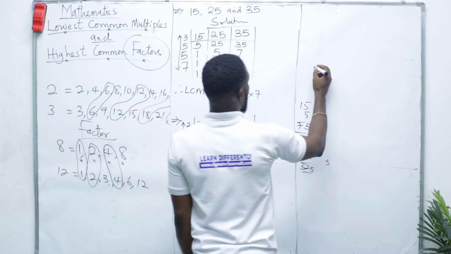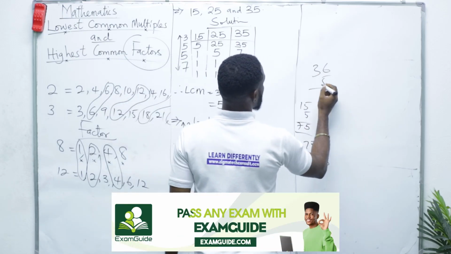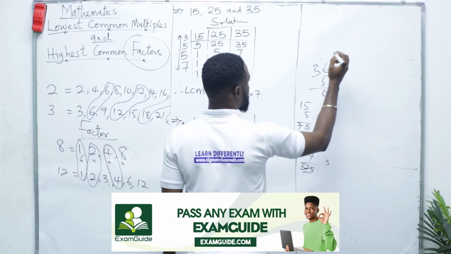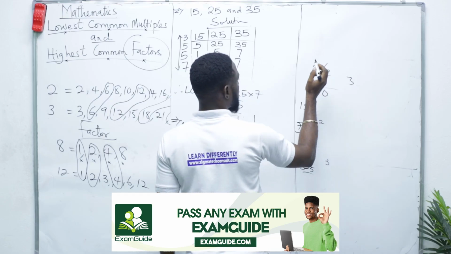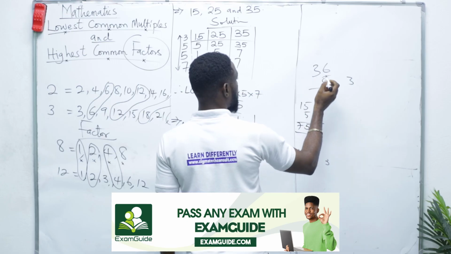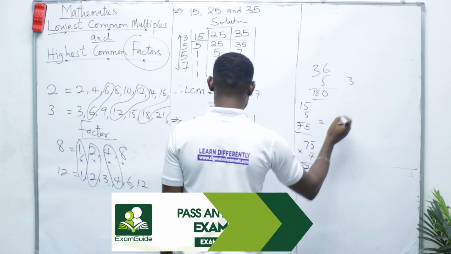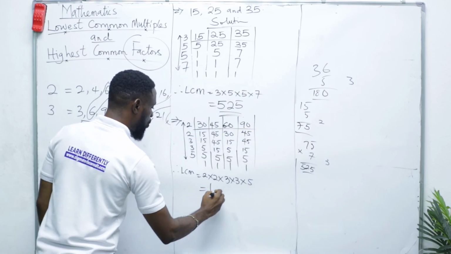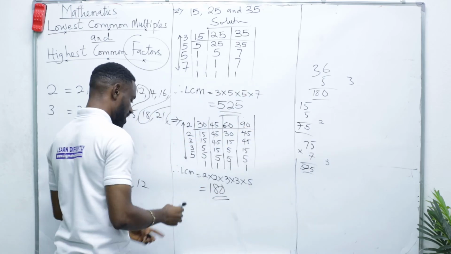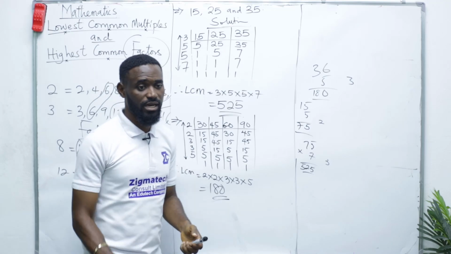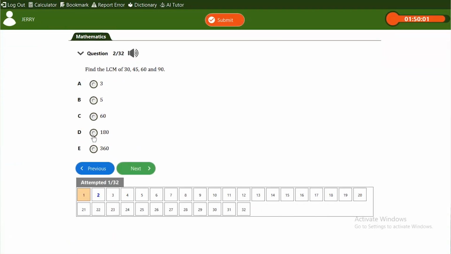Then 36 times 5. 5 times 6 is 30. Write down 0, carry 3. 5 times 3 is 15, plus 3 is 18. So it's 180. It's equal to 180. All right. So if we look at that, we'll look at the option that has 180, which is option D, and that is our correct option. Okay.